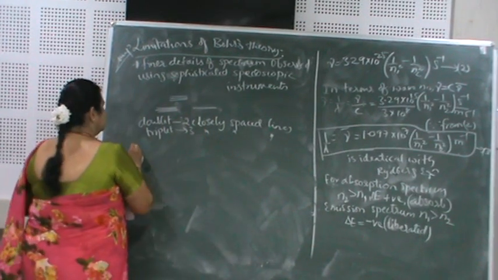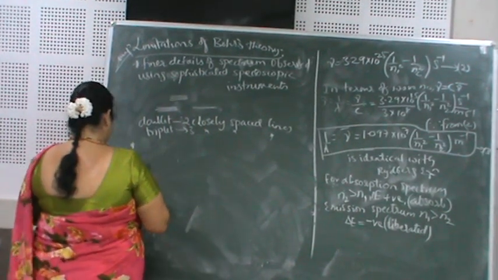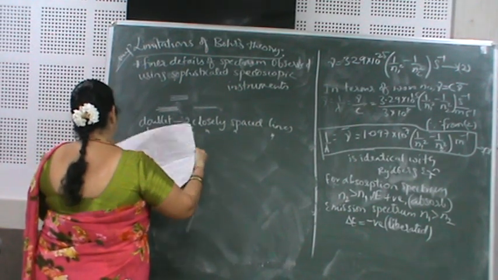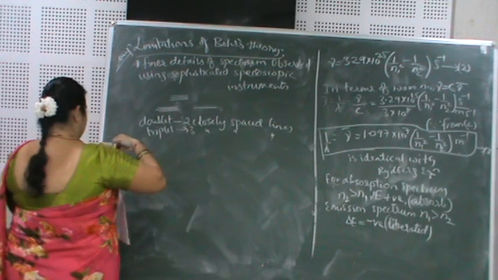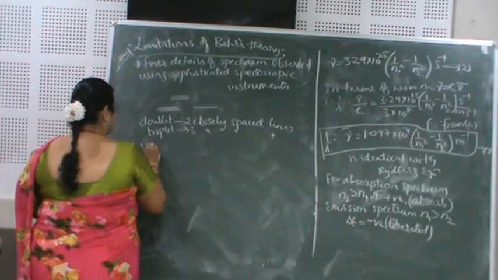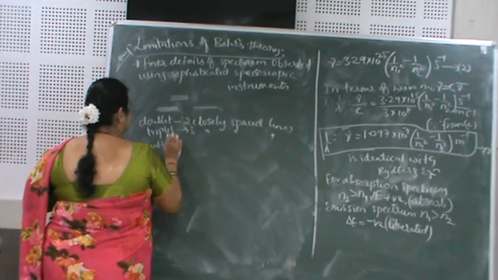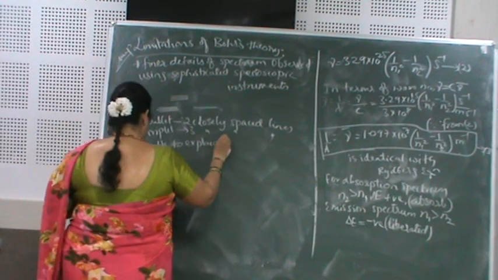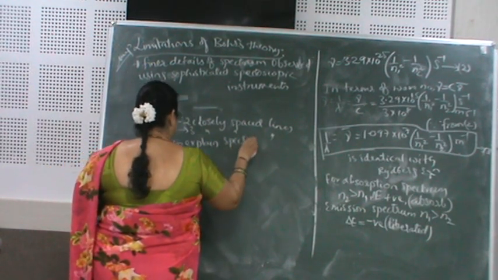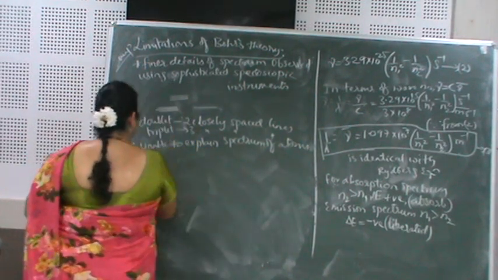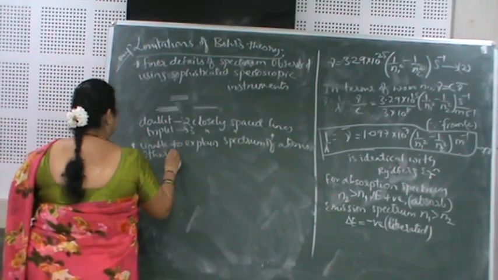Now the second limitation of Bohr's theory: it is unable to explain the spectrum of atoms other than hydrogen.